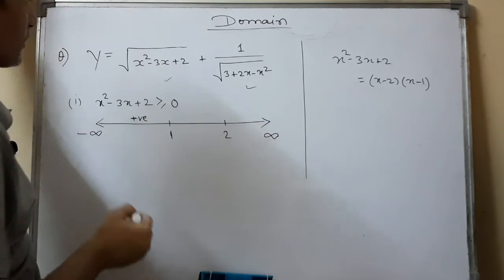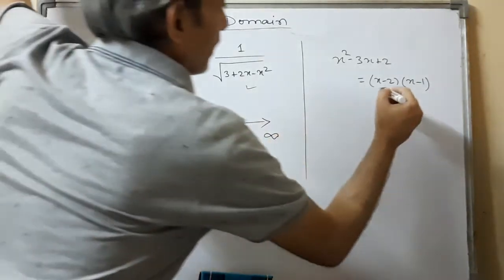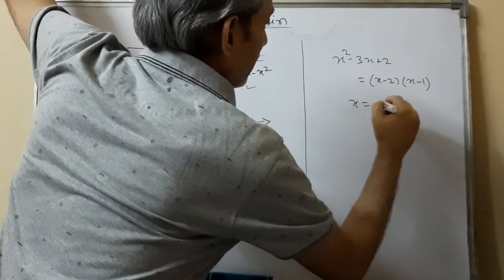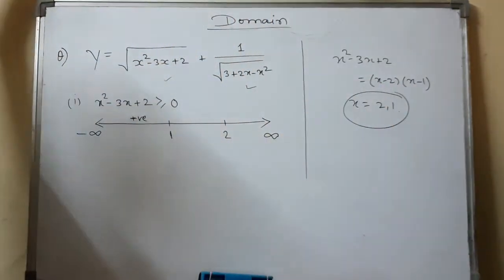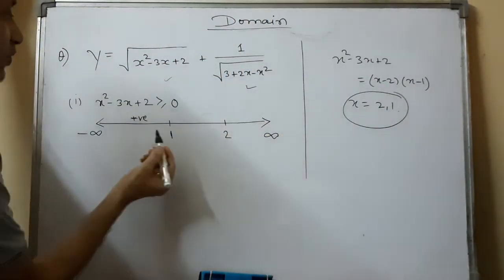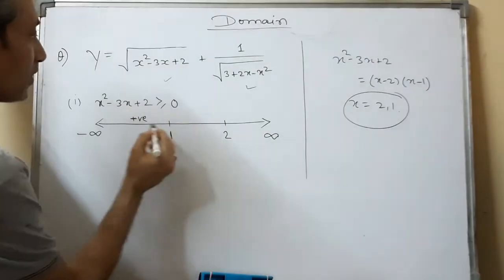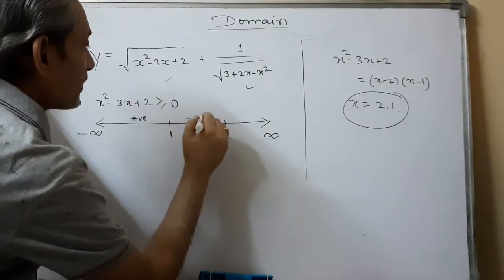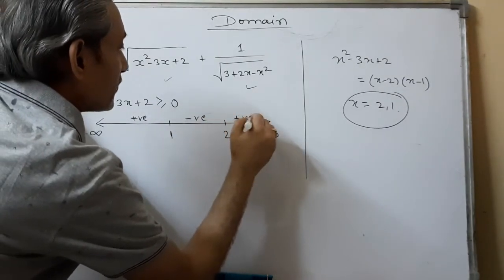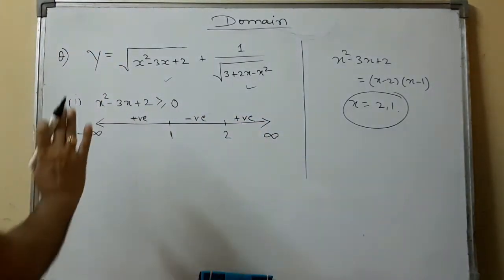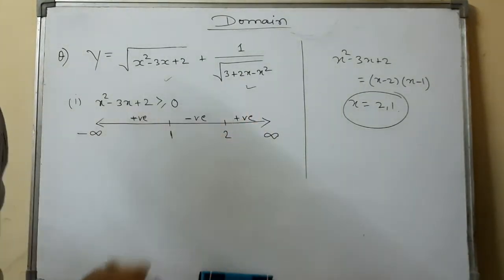Now since none of the values repeats an even number of times, when we cross 1, the sign will change, and likewise it will change again. So positive, negative, positive.